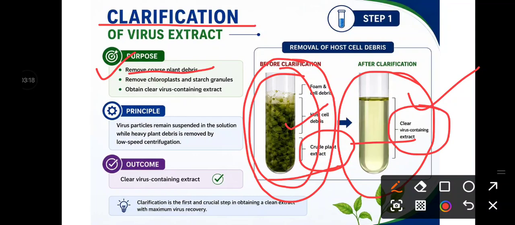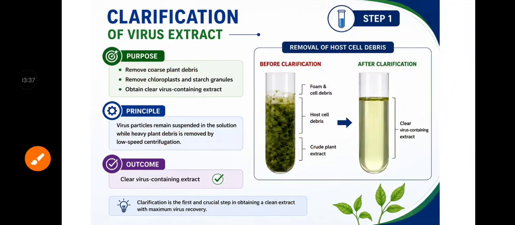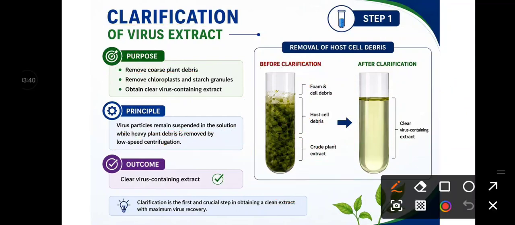The principle behind the clarification is that the virus particles remain suspended in the solution while the heavy plant debris is removed by low speed centrifugation. So how is this crude virus extract changed to this clear virus containing extract? By low speed centrifugation.